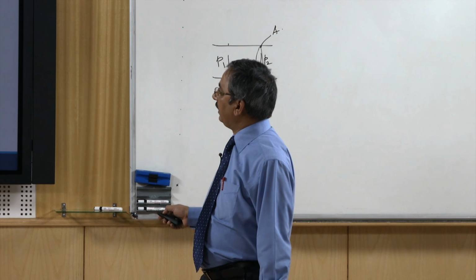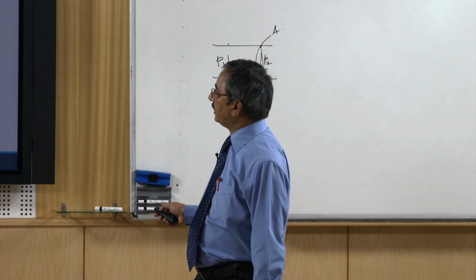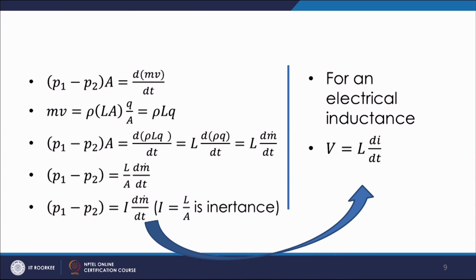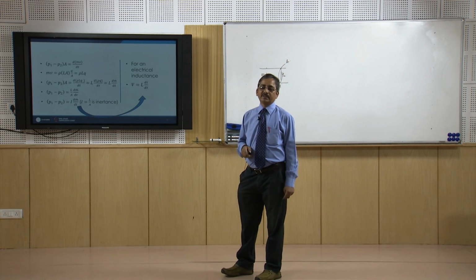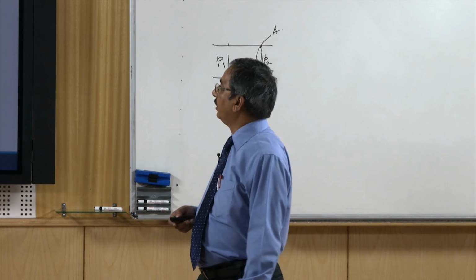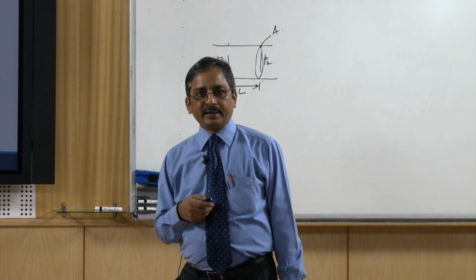For electrical inductance we write the expression as V is equal to L di by dt. So V corresponds to the pressure drop and i corresponds to the m dot here. So L corresponds to the I. This is how we define the pneumatic inertance.